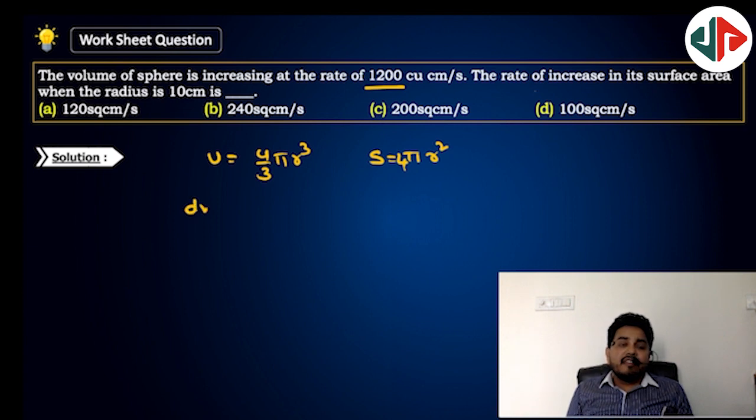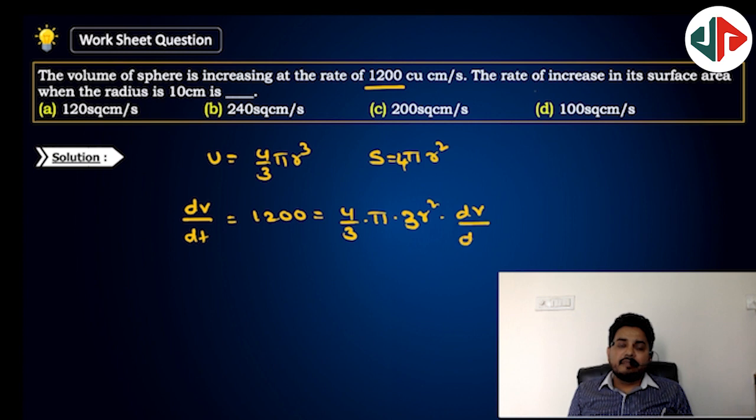So dv by dt is equal to 1200 is equal to 4 by 3 into pi into 3r square into dr by dt. Now from here ds by dt I need is equal to 8 pi r into dr by dt.